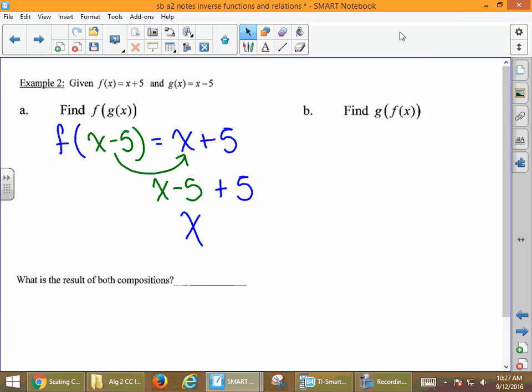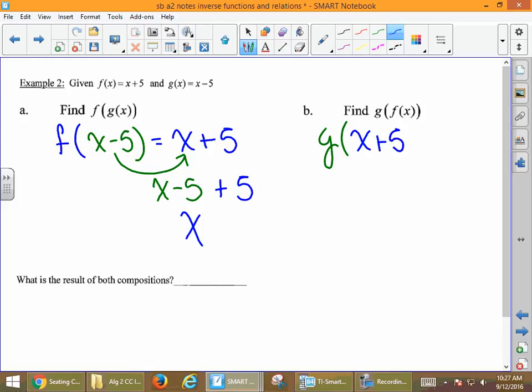So now we're going to go the other direction. We're going to do the same thing: g of f of x. Remember, start farthest to the right. So this time we're going to fill in f of x. What does f of x equal? Going back to our problem, f of x equals, based on what we're given, x plus 5. We're going to take that value and put it back into our g function, which is x minus 5.